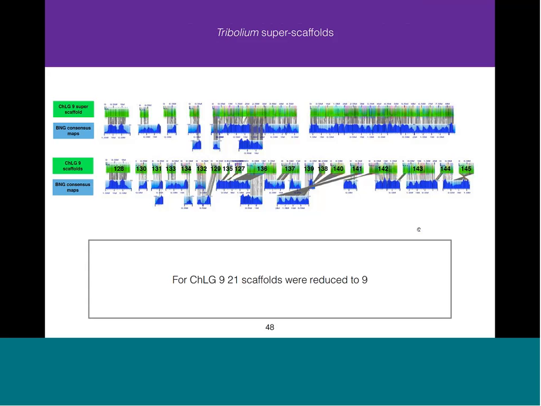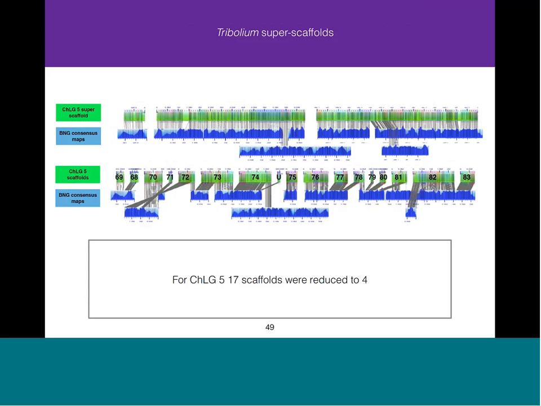For chromosome linkage group 9, we went from 21 original scaffolds to 9. For chromosome linkage group 5, we went from 17 scaffolds to 4 scaffolds, and we identified a lot of regions that we think may need to be worked at on a sequence level, which is kind of fun. It'll be interesting to see how that goes.